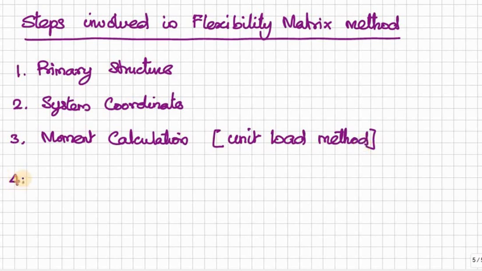So once we have the moments, then we can go for the determination of deflections due to applied loads, then displacements due to unit loads, which are also called as flexibility coefficients, to obtain the flexibility matrix using direct flexibility matrix approach.